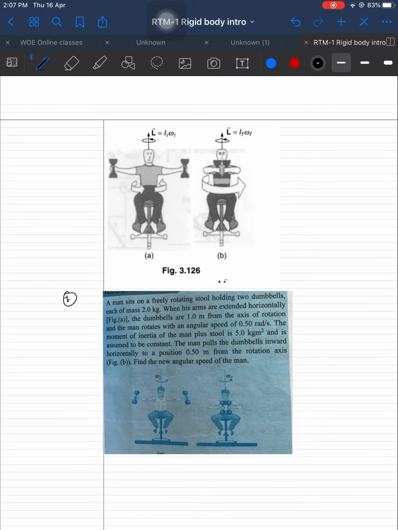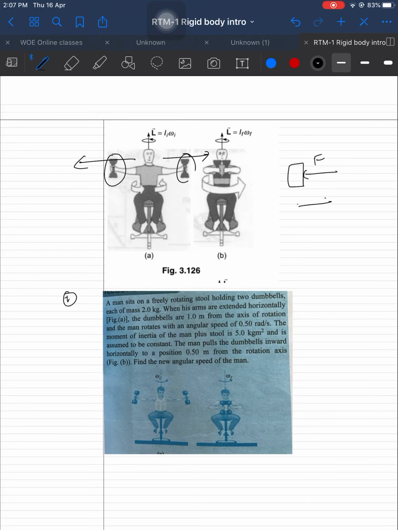Let's see a few further questions. See, this man is holding dumbbells, stretching his hands, and then drawing them back, withdrawing. When he does that, let me explain with the free body diagram. Let's draw a free body diagram of the dumbbell. On the dumbbell, the force is upwards.